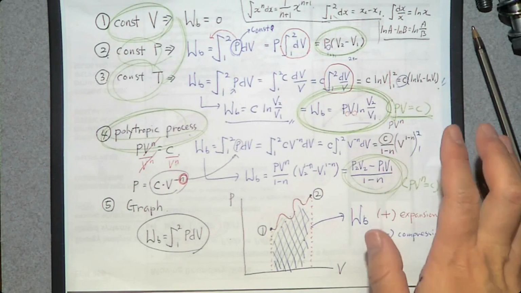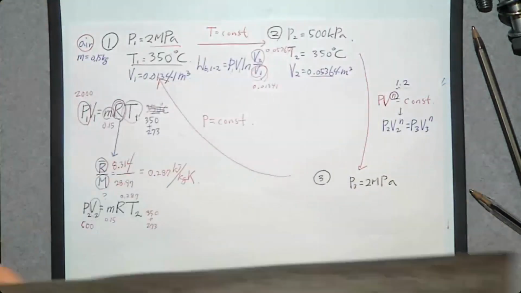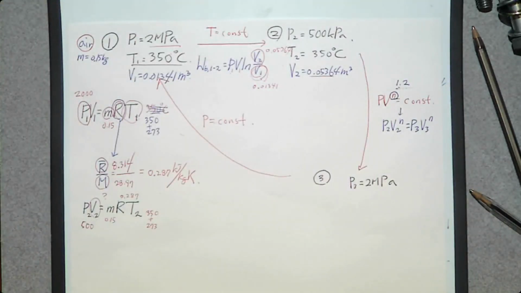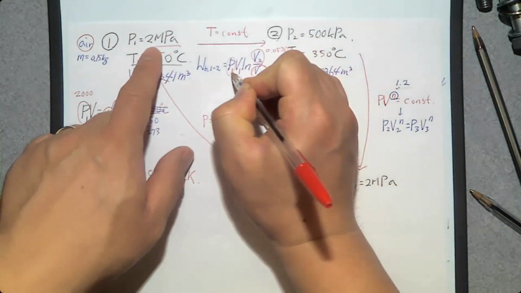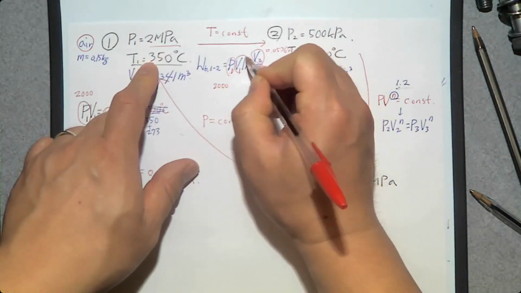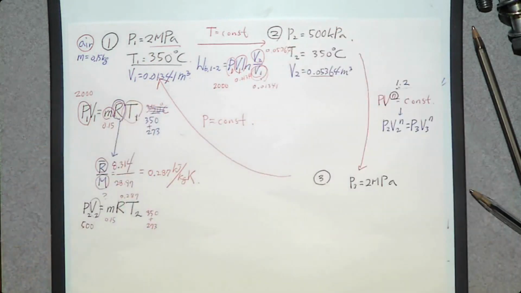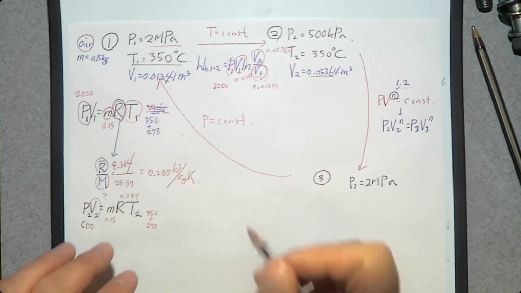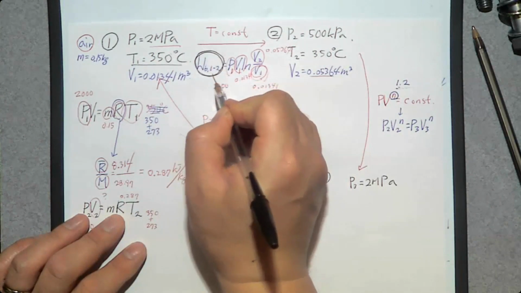So pressure times volume is always the same number whenever you have a constant temperature process. So we can say P1 V1, and this P is going to be 2 megapascal, 2000 kilopascal, and V1, this number, 0.01341. Then you can determine the moving boundary work between state number 1 and state number 2.